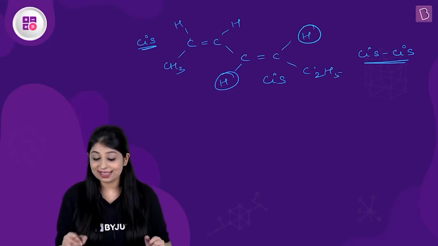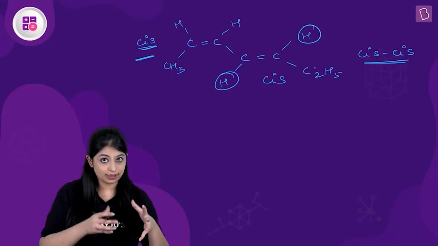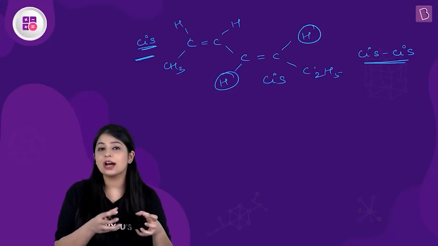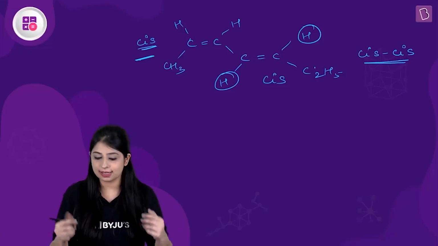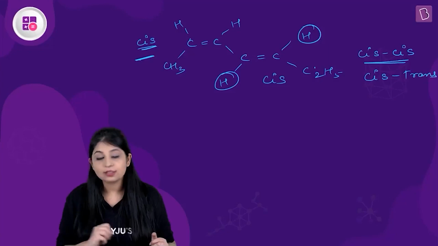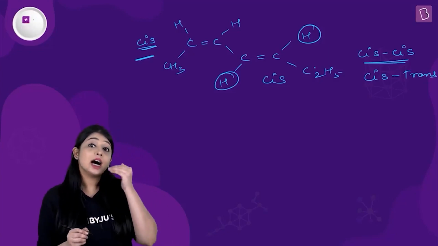So this is trans. However, the arrangement around the first double bond is cis. So this isomer becomes cis-trans isomer.